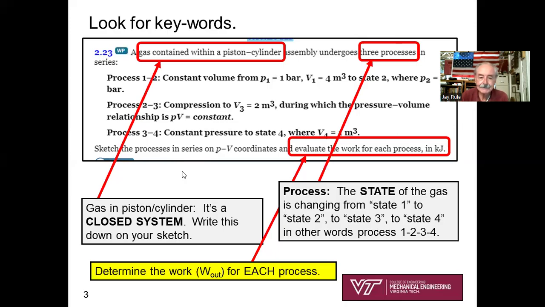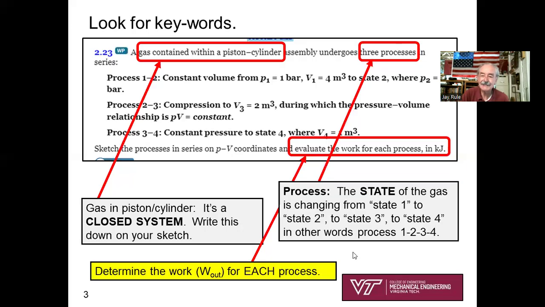Okay, gas contained in a piston cylinder. So that key word says it's a closed system. It talks about three processes. So we're going from state 1 to 2, that's process 1, 2 to 3, that's the second process, and then 3 to 4, that's the third process.